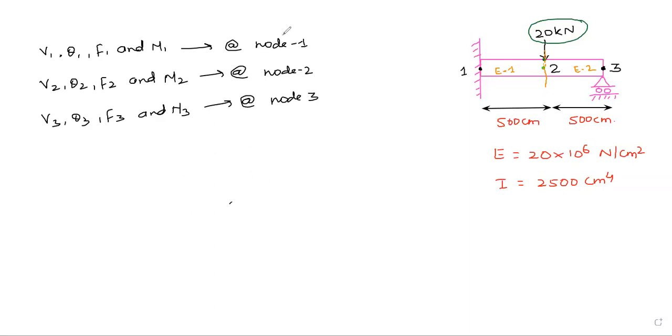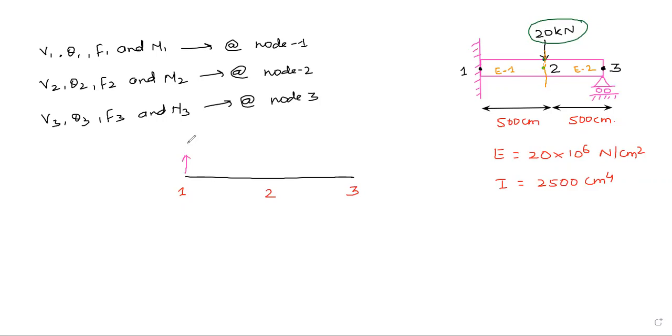Let us represent this beam's free body diagram. So how will you draw the free body diagram of this given beam? This is your node number 1, this is your node number 2, and this is your node number 3. At node number 1, we have vertical displacement V1 and we have force F1.